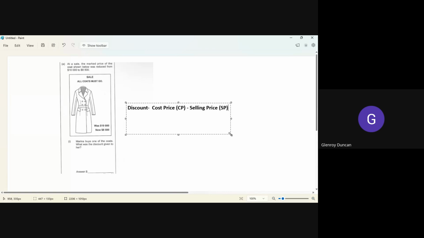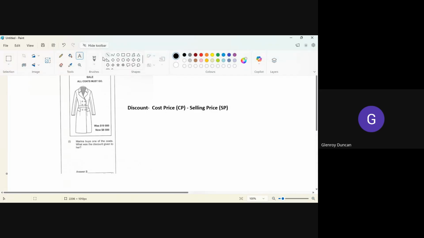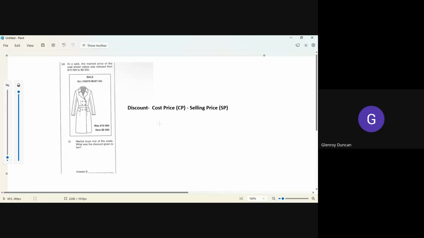Wonderful. All right. So the cost price, class, as you would have mentioned, is $10,000.